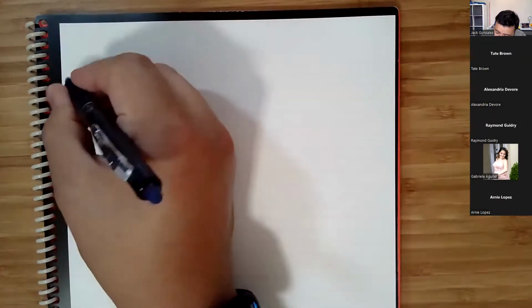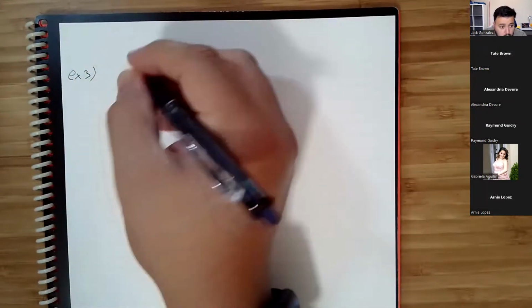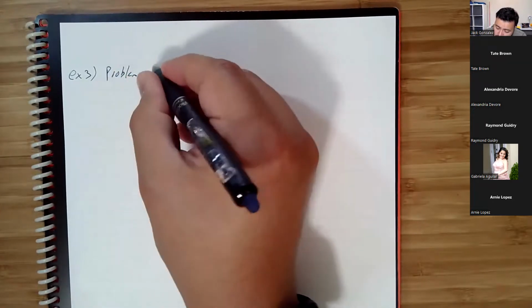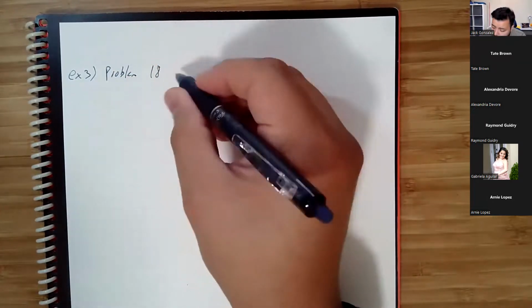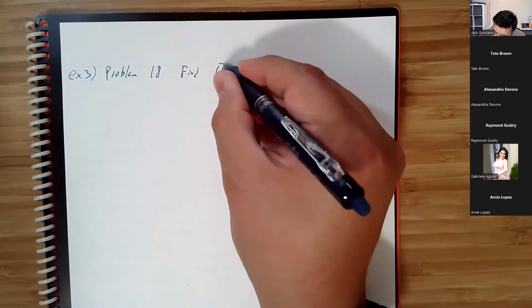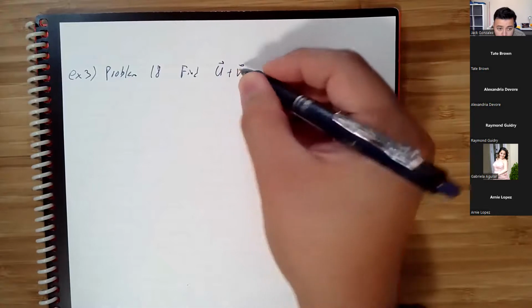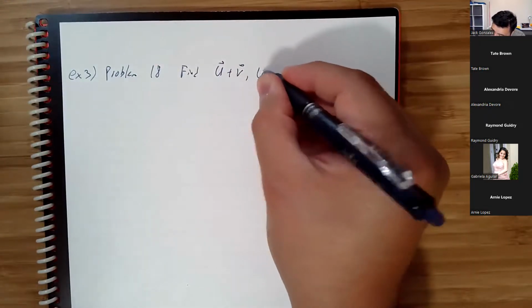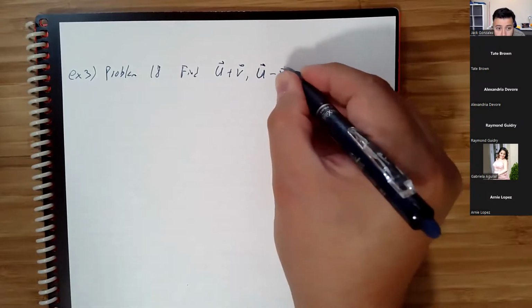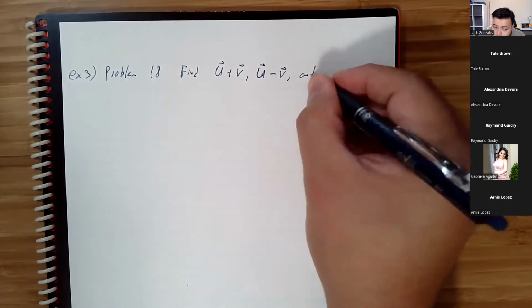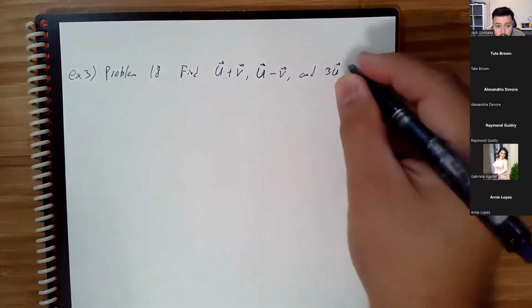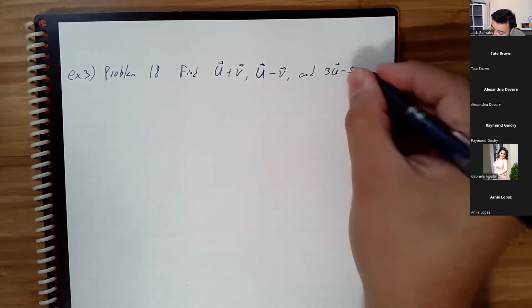All right, example 3, or at least on paper, example 3. This is a problem, I think it's 18. Find u plus v, u minus v, and 3u minus 5v.